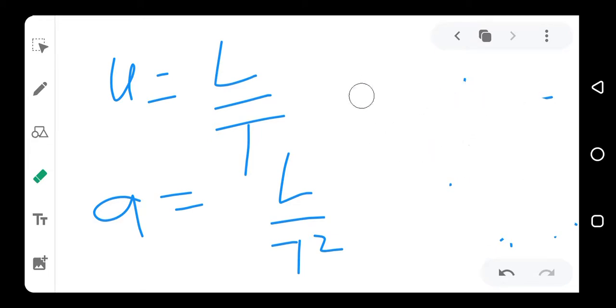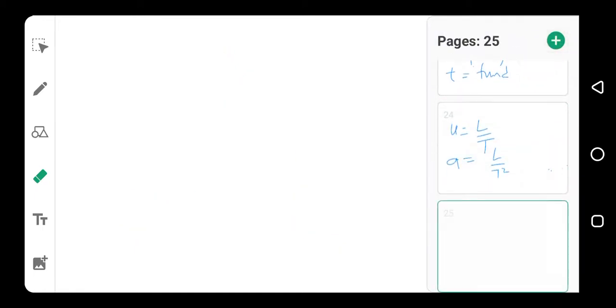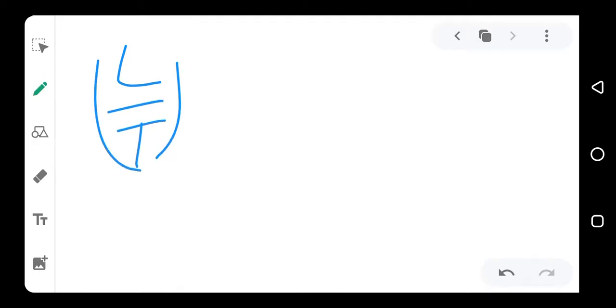Okay, so having gotten this, we now put the derived and fundamental quantities together and compare the dimensions. So we have U, which is L over T, multiplied by time, is equal to S, which is length, minus half.